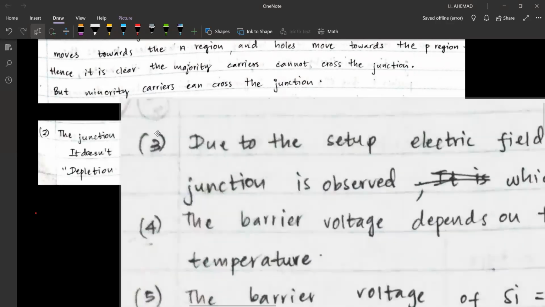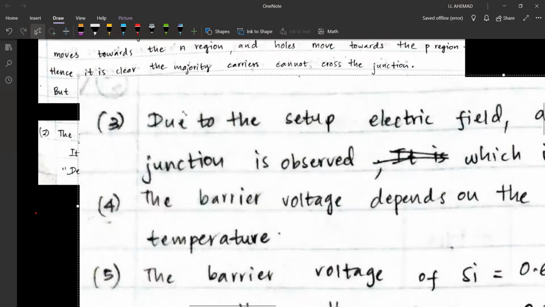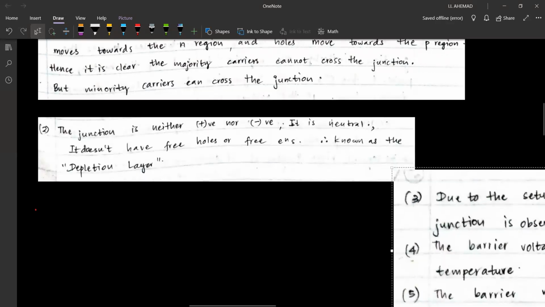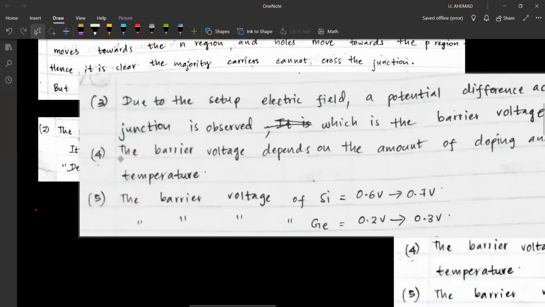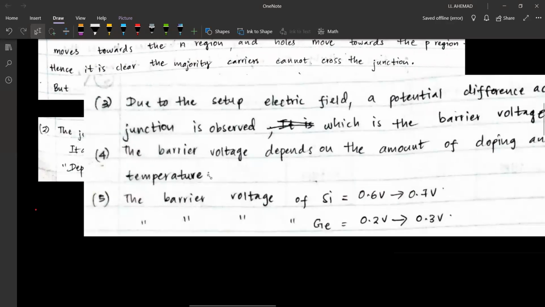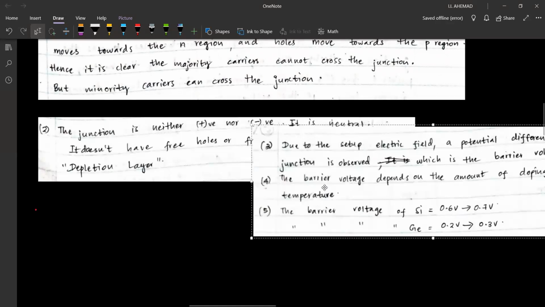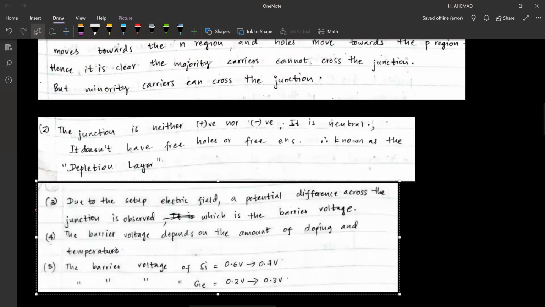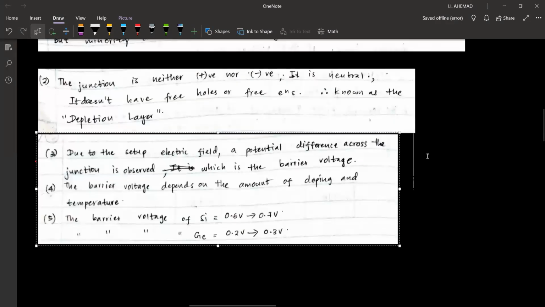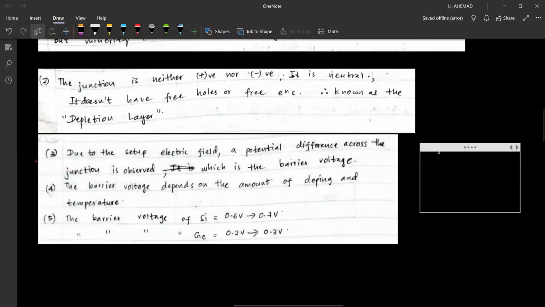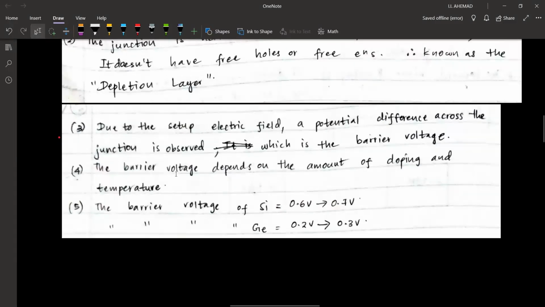Only the majority carriers are blocked. Copy the remaining also, 3, 4, 5.